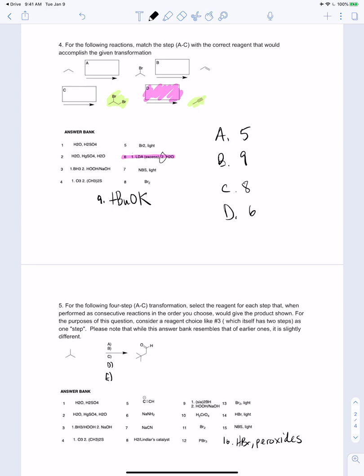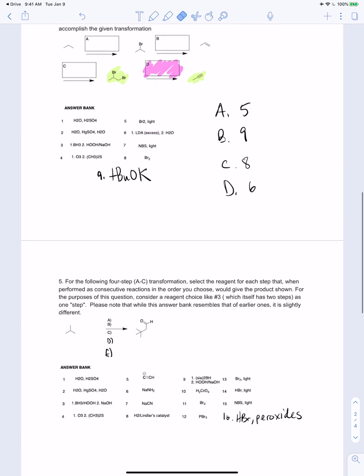So these numbers that are in here, we count those as part of a single step in the transformation, even though it's two separate steps in the reaction. It just means you're adding one, and then you're waiting a while, and then you're adding the other. But we don't count it as two separate steps in the overall transformation, if that makes sense. Okay, so that's how you would answer.